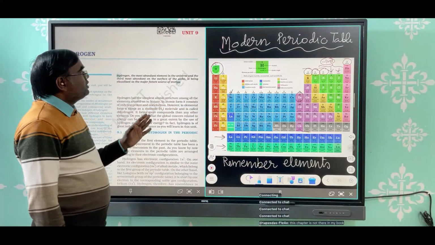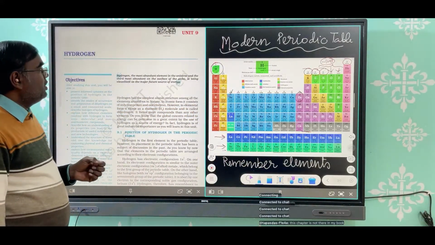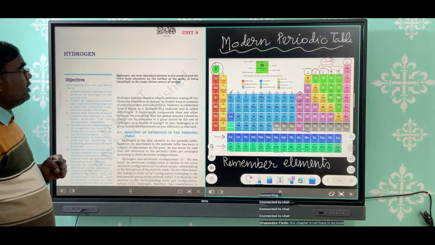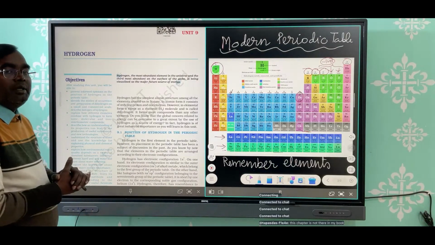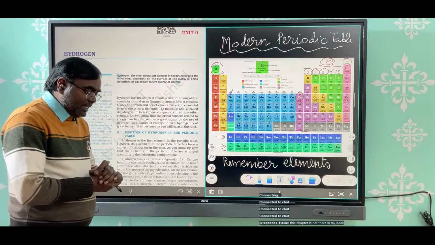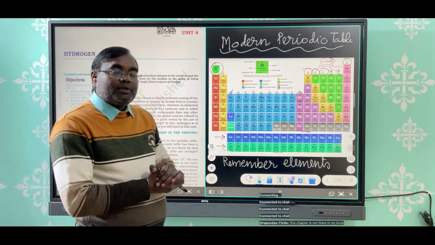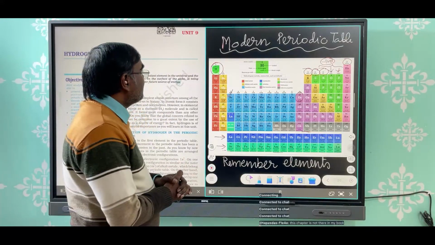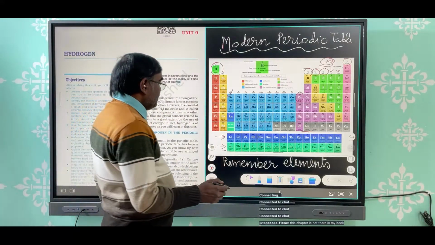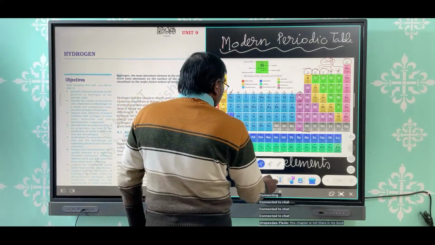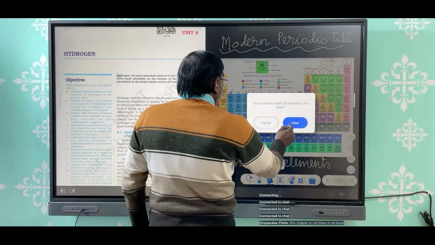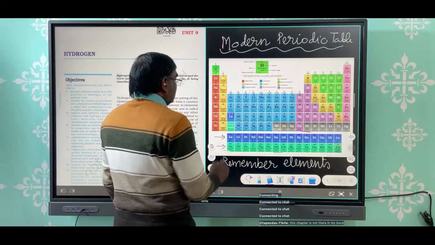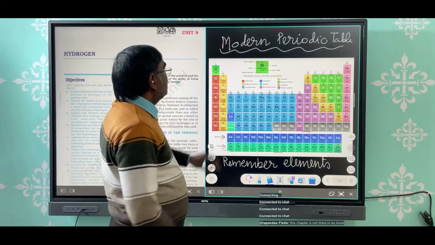Now come to the point, what is hydrogen? So, children, hydrogen is a very important element that has a wonderful property, and that's why it is kept at the top of the periodic table.